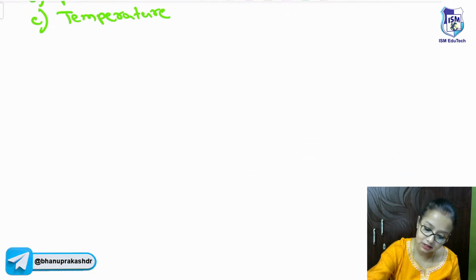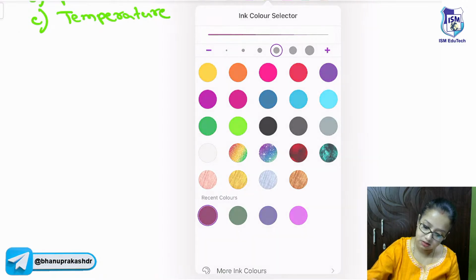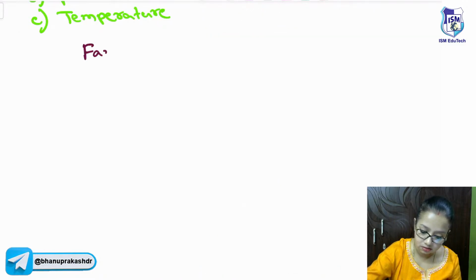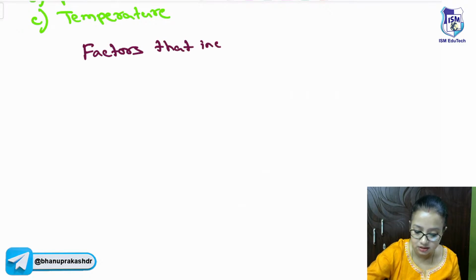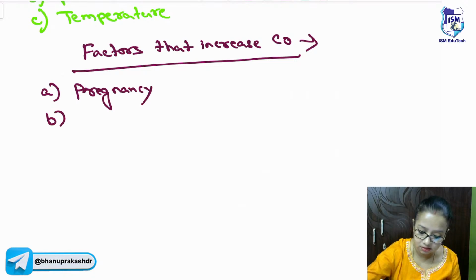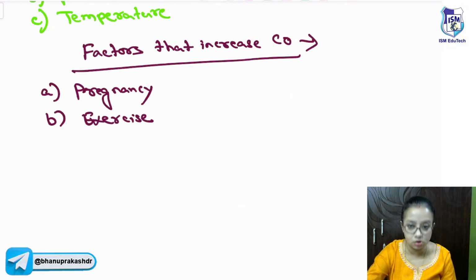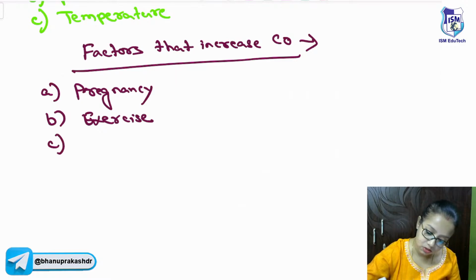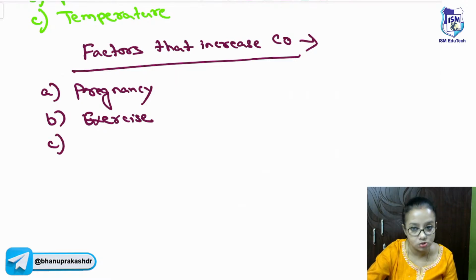Overall, factors that increase cardiac output are, physiological factors like pregnancy and exercise, which will get back to normal after pregnancy is over and exercise is terminated.